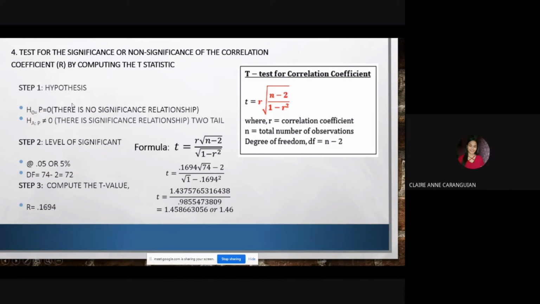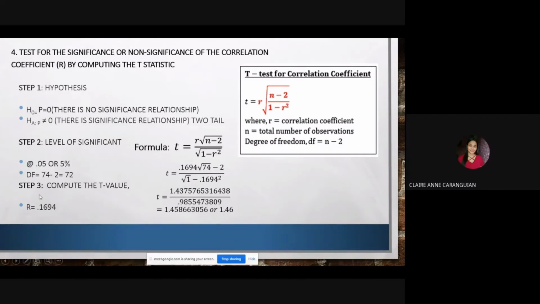Same lang dito: there is no significant relationship and there is a significant relationship, or two-tail. Pag sinabi nating two-tail, dalawang side. Okay? Next, step 2, level of significance. Ang alpha natin dito is 0.05 or 5%.